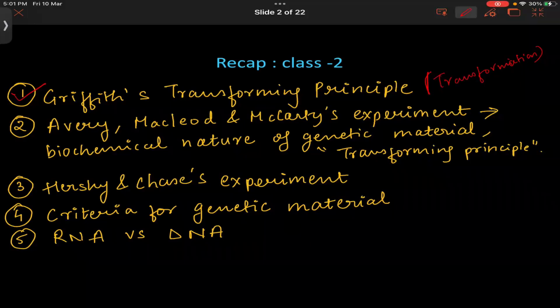Next, we saw Avery, MacLeod, and McCarty's experiment. They actually tried to analyze the biochemical nature of this transforming principle that Griffith proposed. They found that DNA is the genetic material which got transferred from the heat-killed S-strain bacteria to live R-strain bacteria, because of which the R-strain bacteria transformed into a virulent type and caused the disease pneumonia.